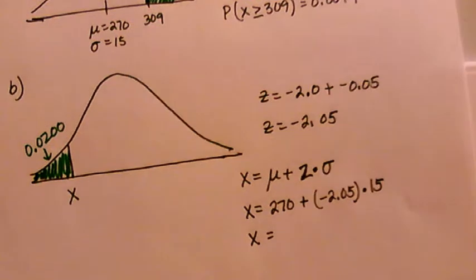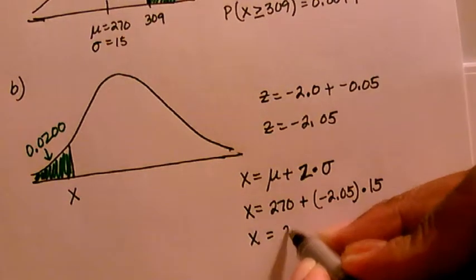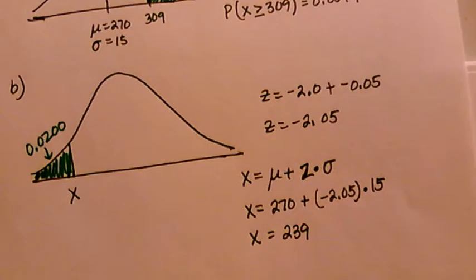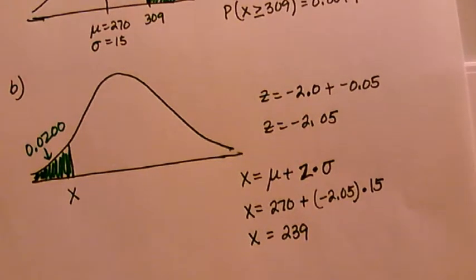So 270 plus negative 2.05 times 15, which will give you, if you round this off to the nearest whole number, 239. So babies that were born before 239 days are considered to be premature. Okay.